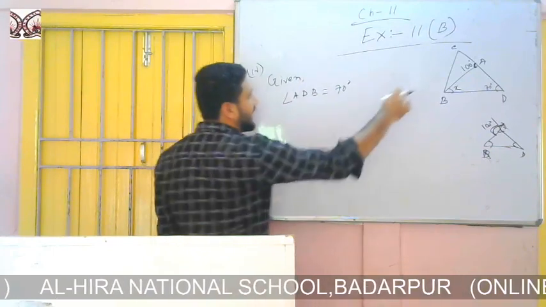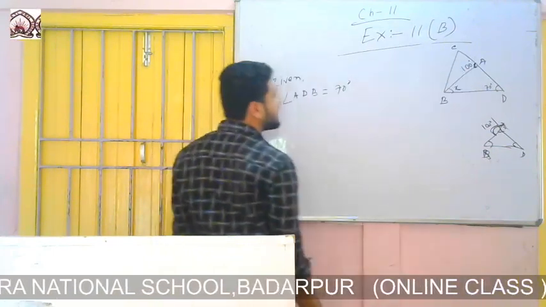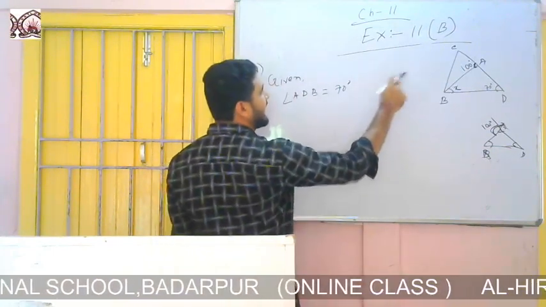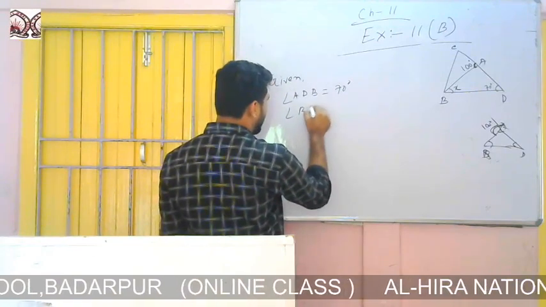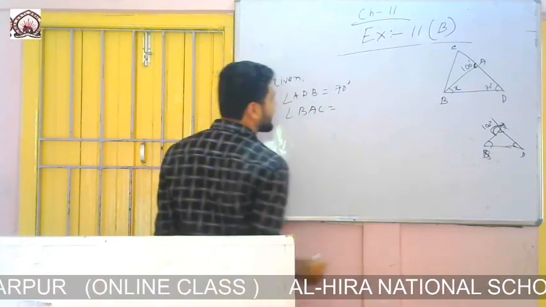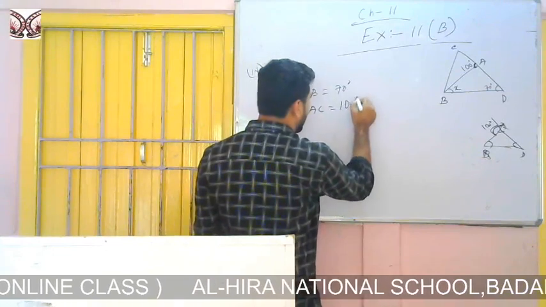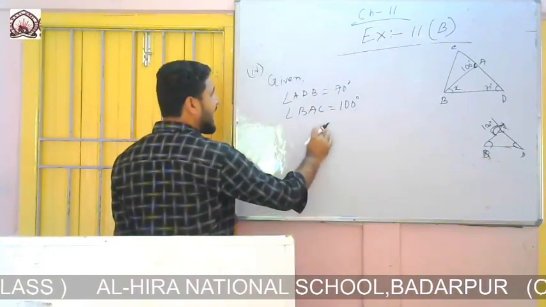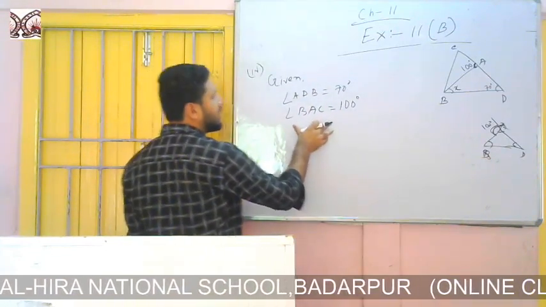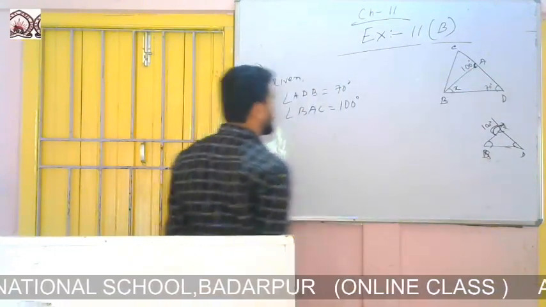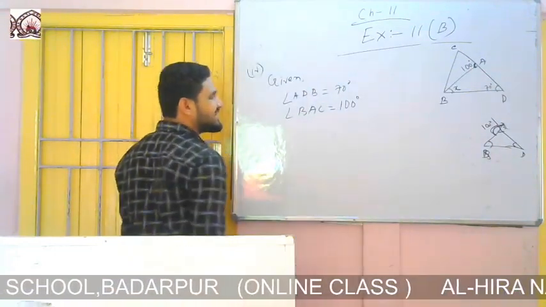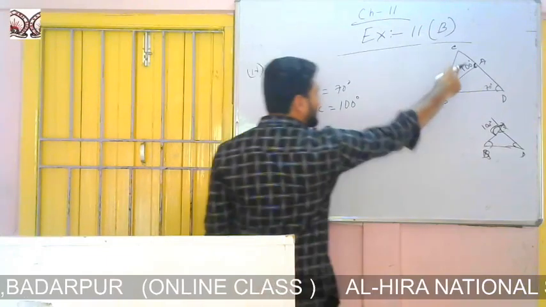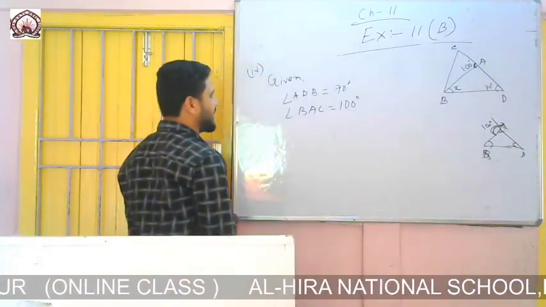Okay, and another angle is given what? CAB or BAC. Right, BAC equals what? 100 degrees, which is the exterior angle for the triangle ABD. BAC is the exterior angle for the triangle what? ABD.